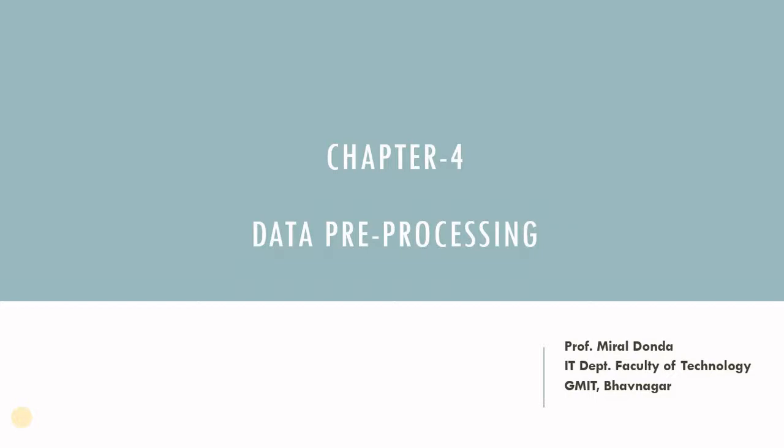So how can the data be pre-processed in order to help improve the quality of the data and, consequently, of the mining results? How can the data be pre-processed so as to improve the efficiency of the mining process? For that we'll learn chapter number 4. So let's start.